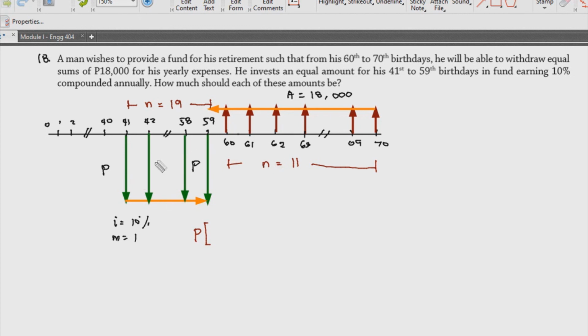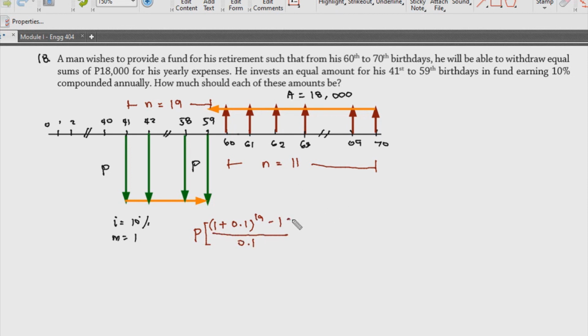So, hindi ko na siya susulat kasi malilito lang kayo dun sa designation ng letter. So, that is P. And then, times natin using our future value, that is 1 plus 0.1 kasi 10% annual interest na siya. So, raise natin to. So, ilang period ba yon? So, that is 19. Okay, so that is 19 minus 1 divided by 0.1.